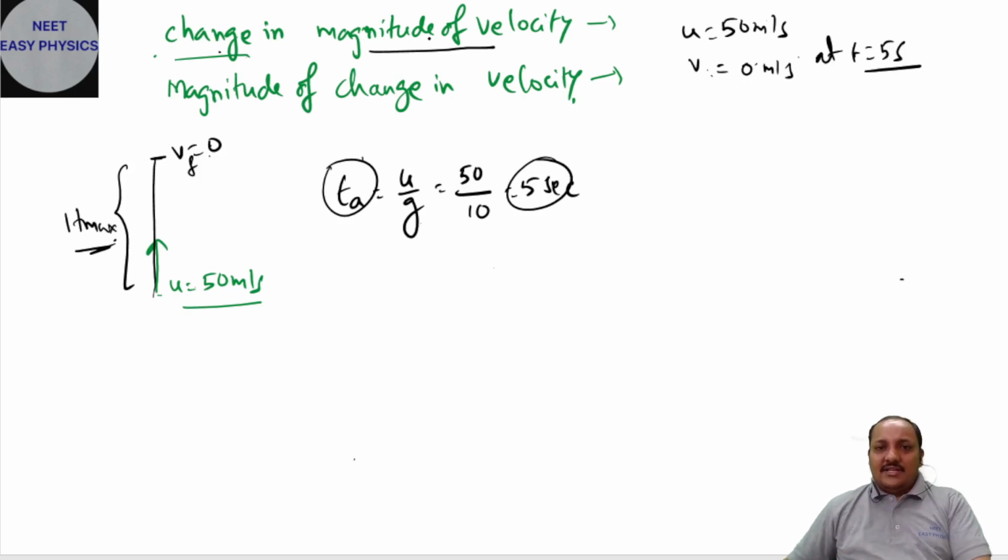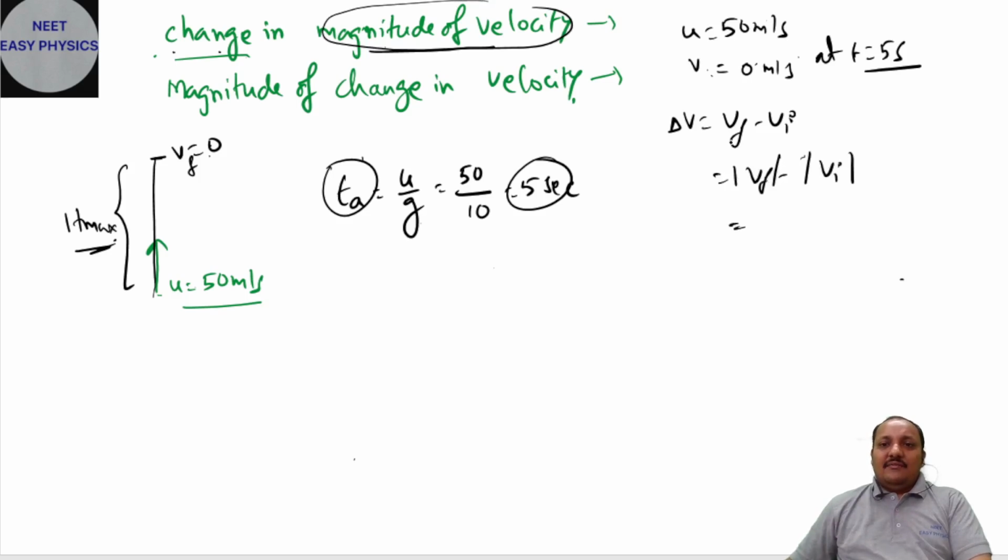Change in magnitude of velocity means delta v is magnitude of Vf minus magnitude of Vi. Final velocity is 0 minus 50. Therefore, minus 50 meter per second. Correct?